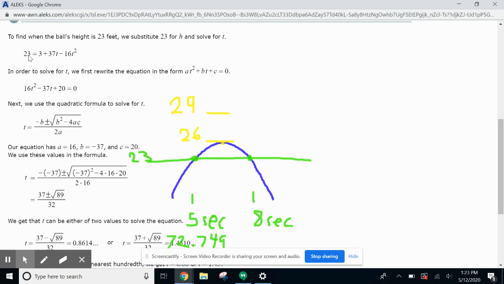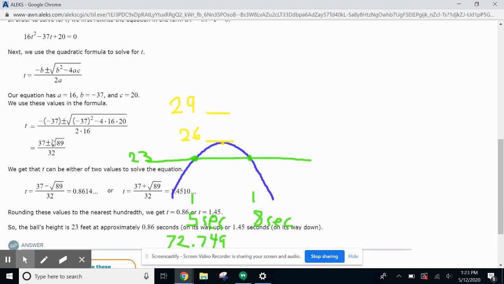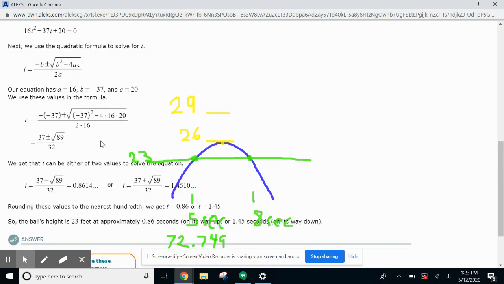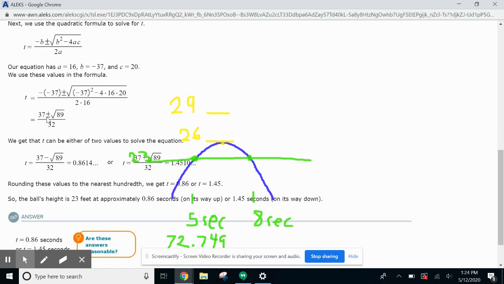When we set it equal to 23, it's almost like making 23 the x-axis. That's what we want to look for, is the x-axis, all right, when it's 0. But we have to use 23 to get there. So put it for 23, then they evened it all out, put it in the order, and set it equal to 0, okay?